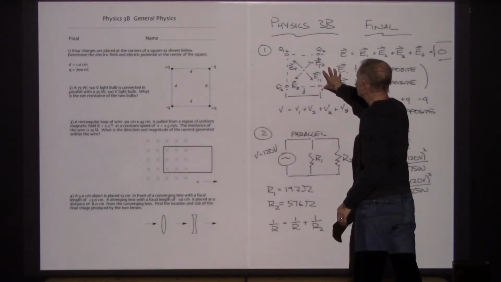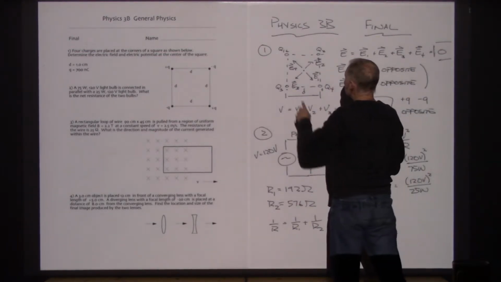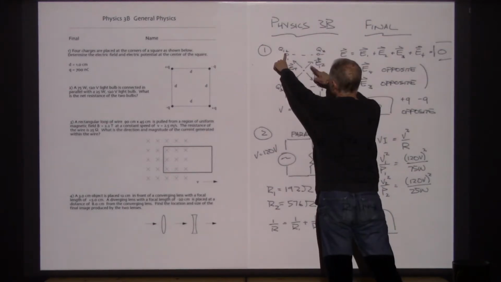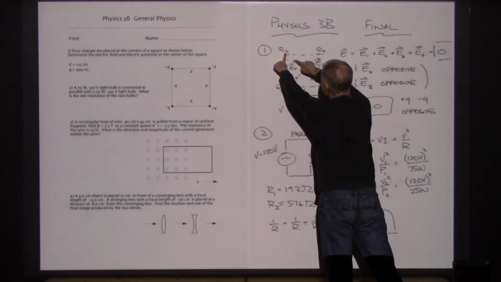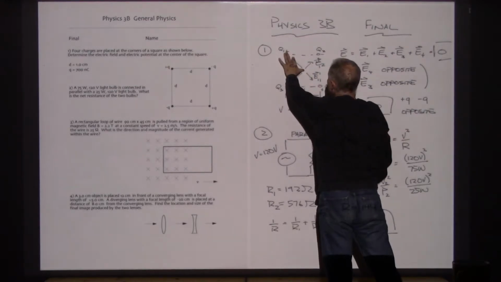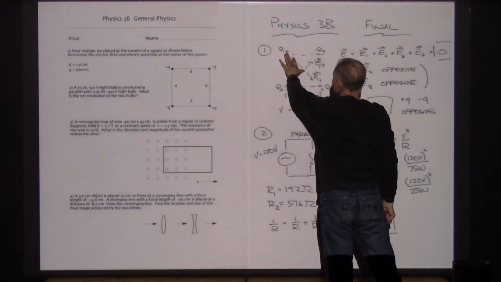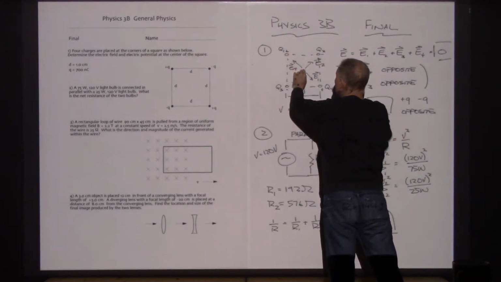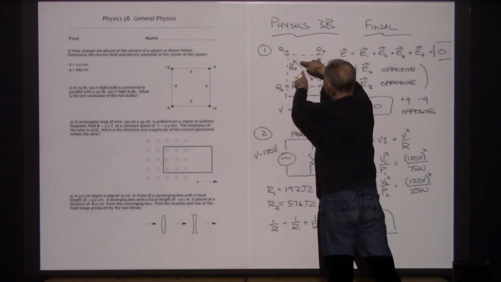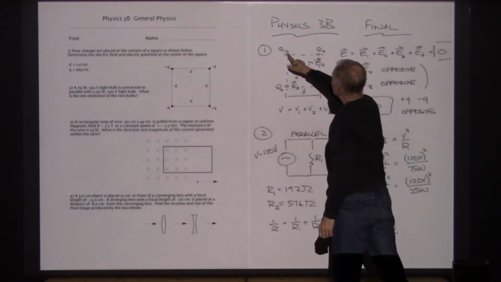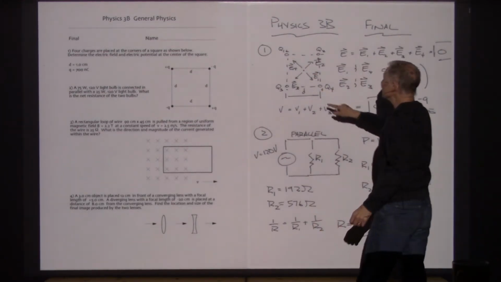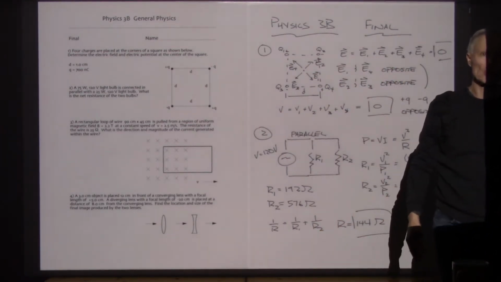Within the diagram, what I have to think in terms of then is I have this much positive charge located this distance from the center, and that's going to determine the electric potential contribution due to charge 1 at that location. Now here, if I took charge 1 and charge 4, they actually reinforce each other.